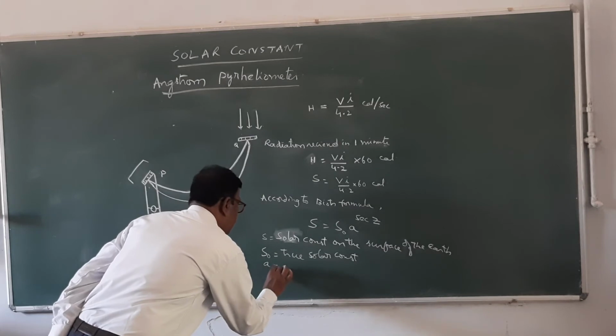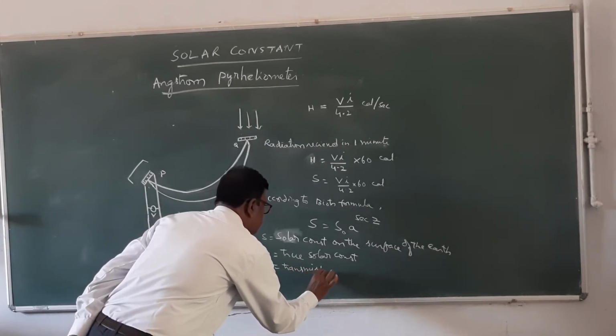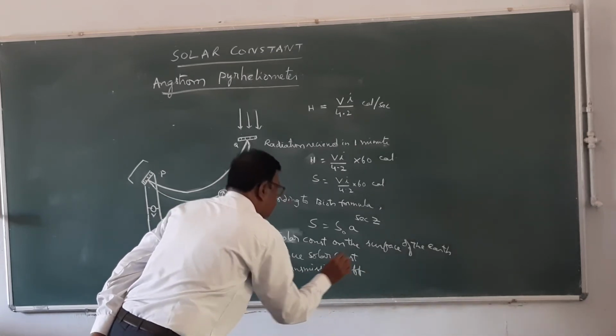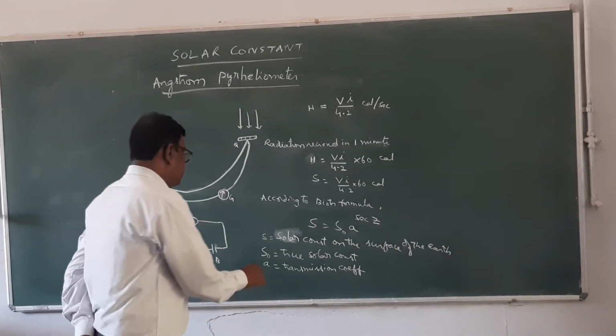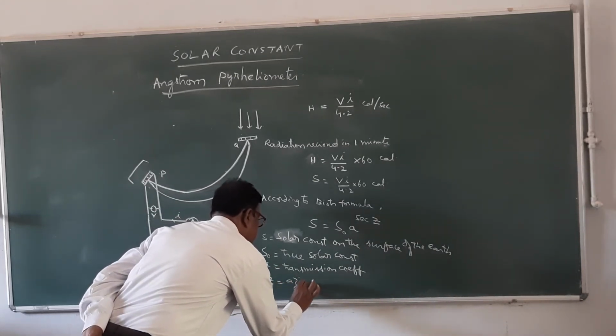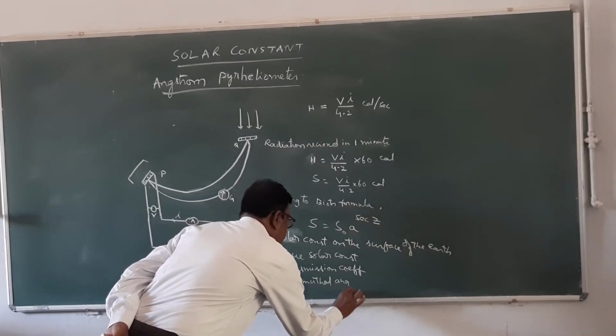A is called the transmission coefficient of thermal radiation, and Z is the zenith angle made by the sun.